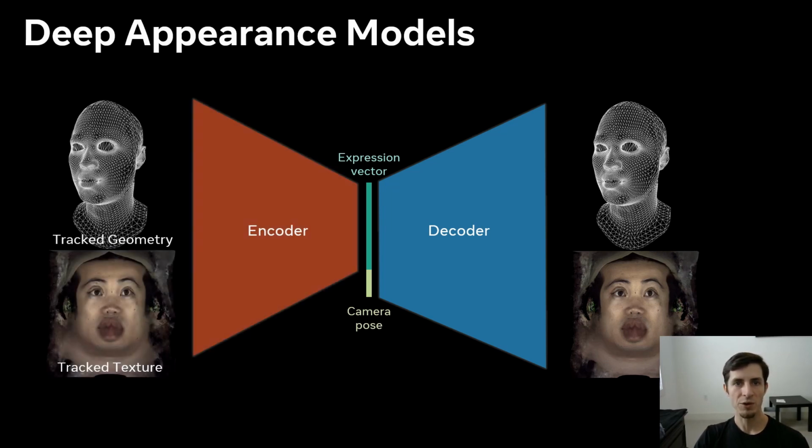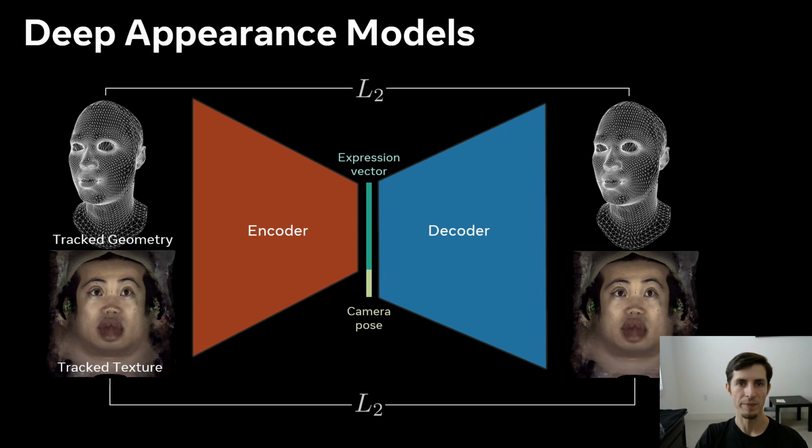A variational autoencoder consists of an encoder and decoder pair with the objective of reconstructing the input data. We input the geometry and texture into the encoder, which produces a code, and we send that code through the decoder, and we want the output to be the same as the input. To train the system, we construct an L2 loss between the input and reconstructed mesh vertices and texture maps, and minimize it using SGD.